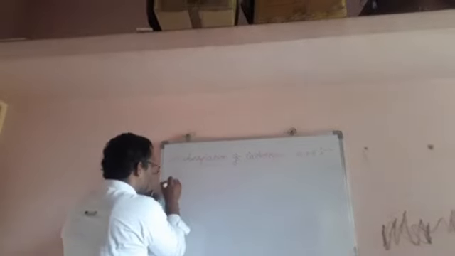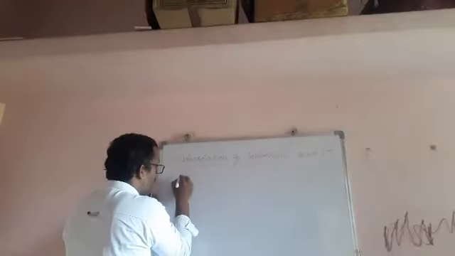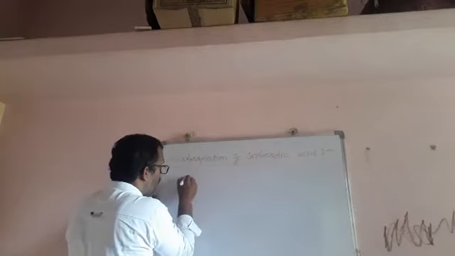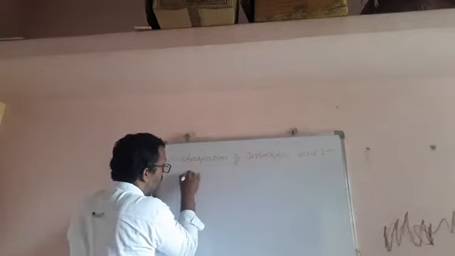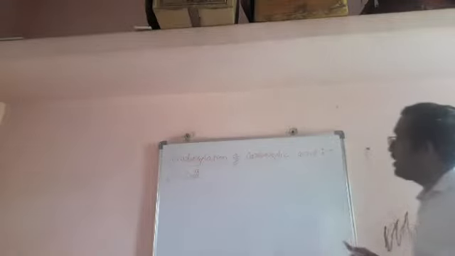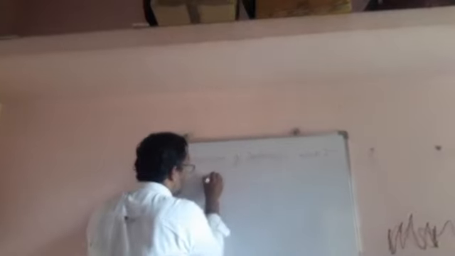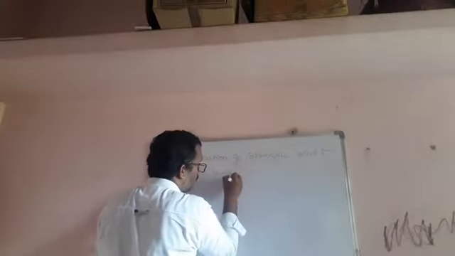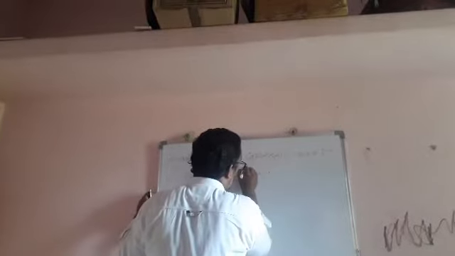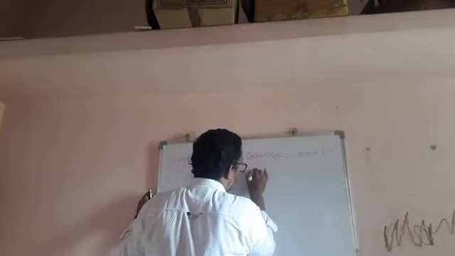The reaction is: the sodium salt of carboxylic acid, RC=O, ONa, is decarboxylated with soda lime, that is NaOH in the presence of calcium oxide.